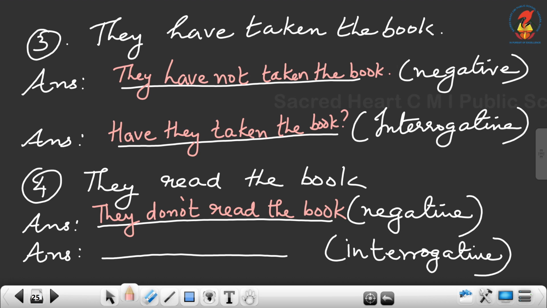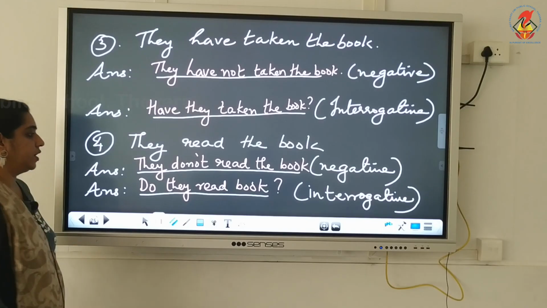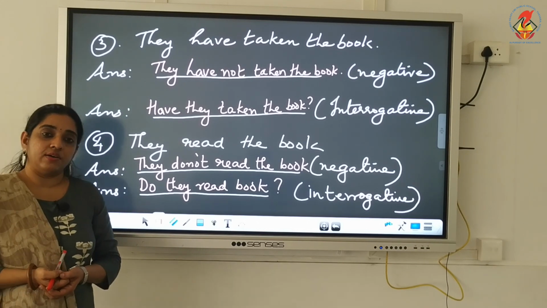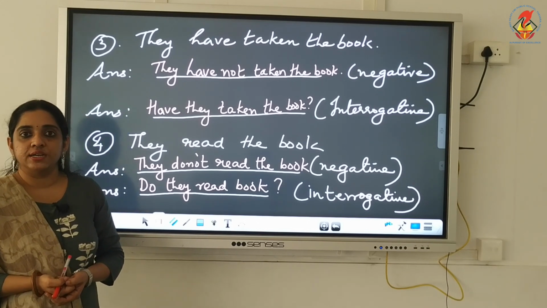Then interrogative. Make a question by starting with do. Do they read the book? The original form of the verb is used. Interrogative. Okay. Hope you all understood the topic. We will be discussing all the answers in the Google Meet. Thank you.